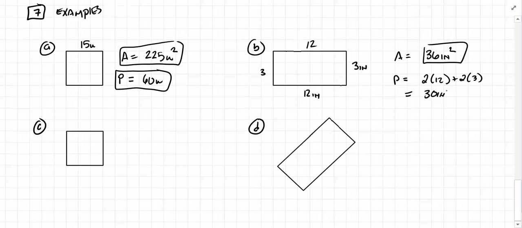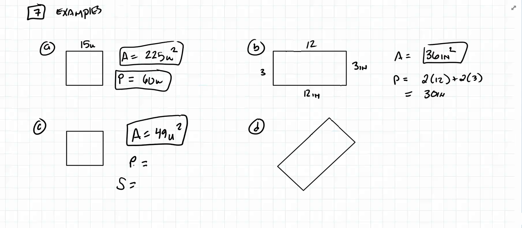Okay, part C. I'm going to give you, this is a square. I'm going to tell you the area is 49 units squared. Give me the perimeter and give me a side. Okay, so if the area is 49 units squared, what does that mean?